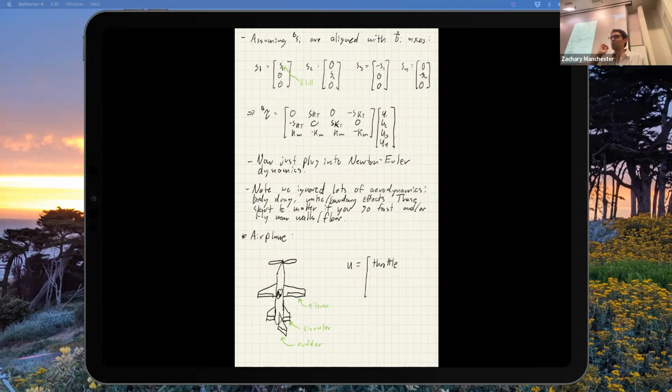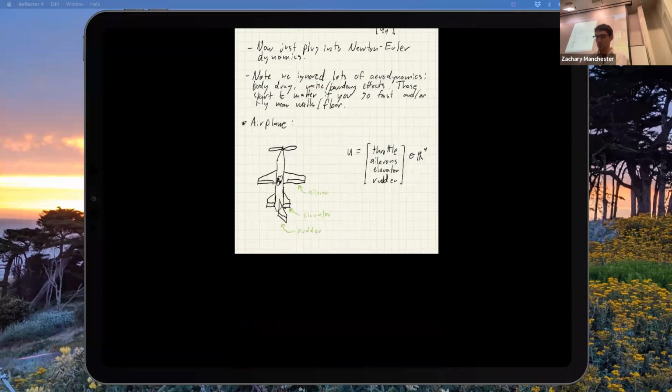It might be a derivative of thrust or whatever. Then I got my ailerons, elevator, rudder. Sometimes these are combined in weirder designs, but this is your canonical tube and wing airplane design. And this is again a 4-vector. So 4 inputs, actually the same number of inputs as the quadrotor.